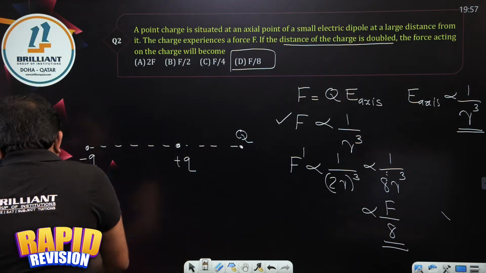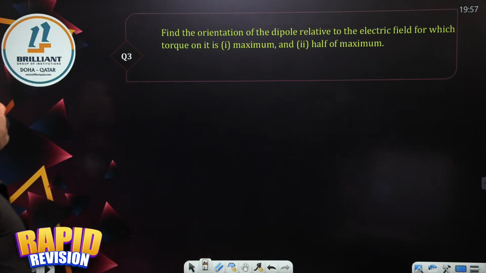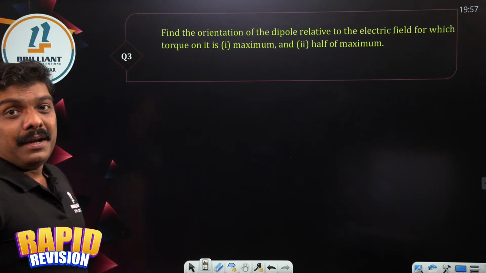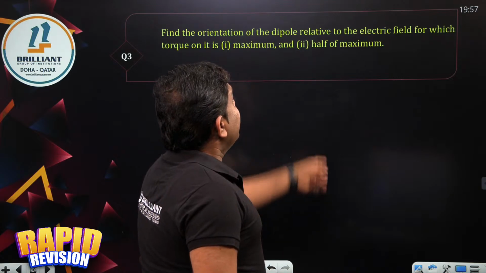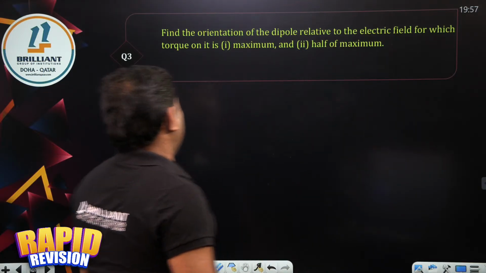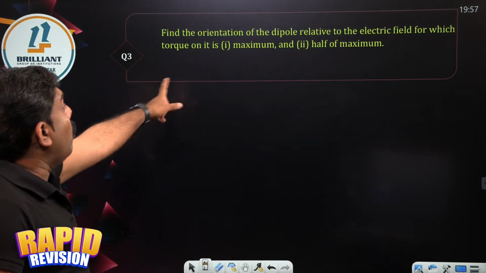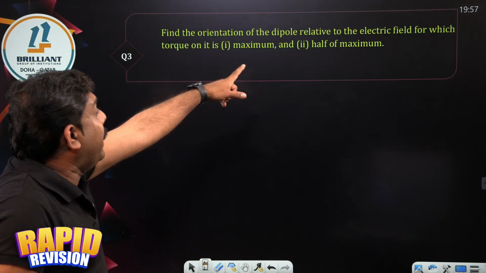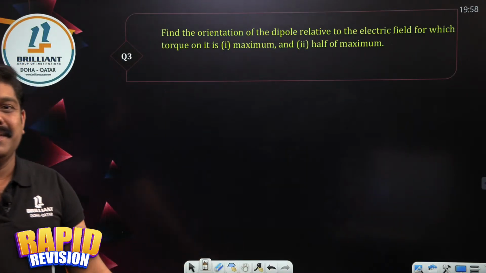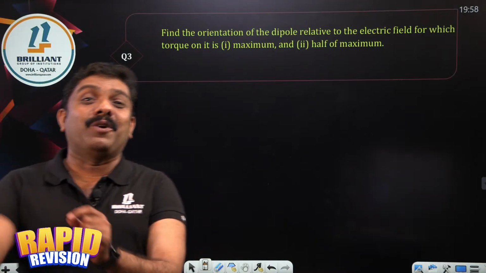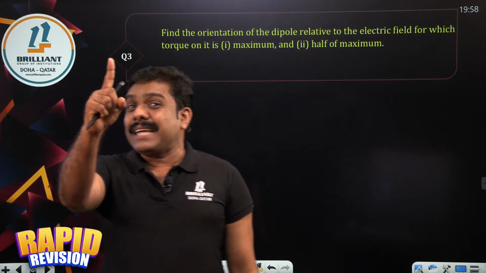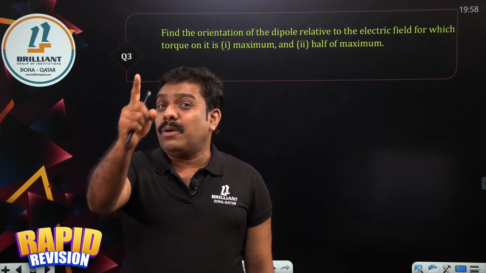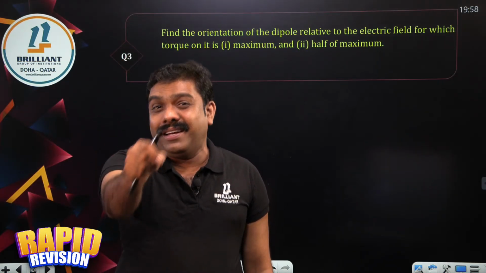Now we are going to explain the next question. Question 3: Find the orientation of the dipole relative to the electric field for which the torque on it is maximum and half of maximum. The question is based on torque acting on a dipole. I told you in chapter 1, torque acting on a dipole is a very important derivation.